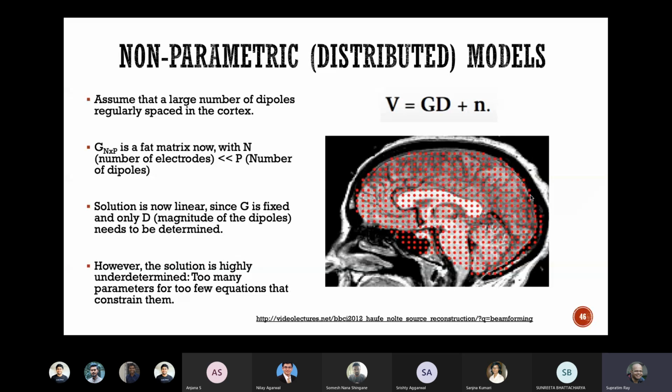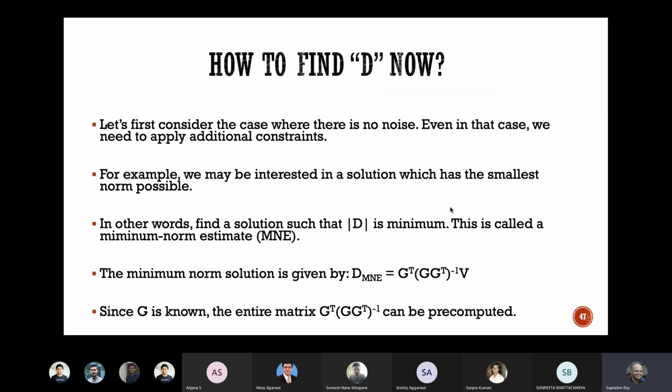And then all you have to do is just find out what the magnitudes are. Okay, so V is equal to GD. G is a fat matrix where the number of electrodes are much smaller than the number of dipoles. And all you have to do is find out what the magnitudes of these dipoles are to solve the inverse problem. Okay, and because it's a highly under constrained problem, we have to apply additional constraints.